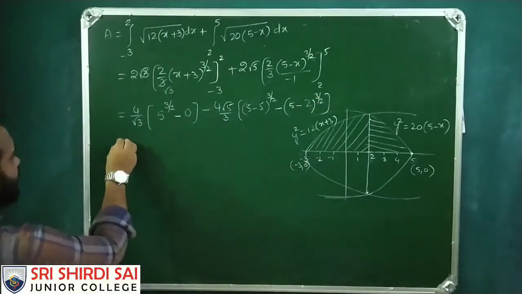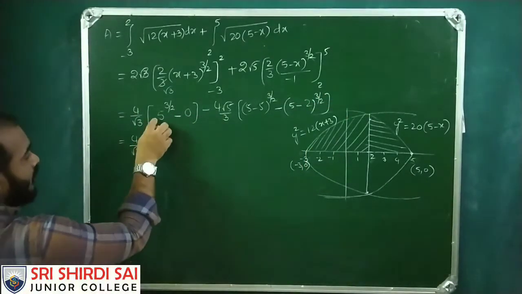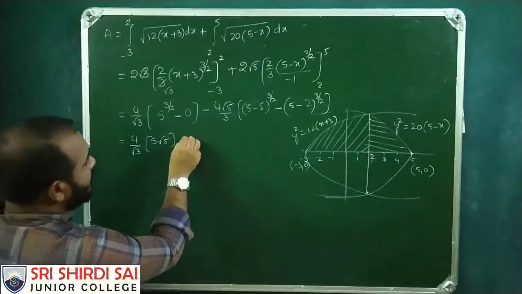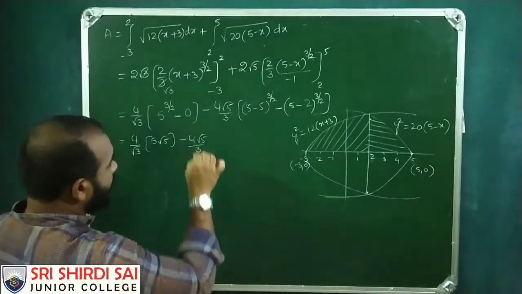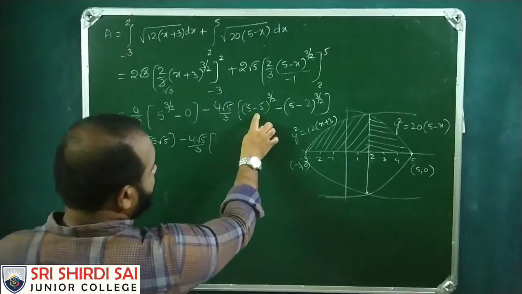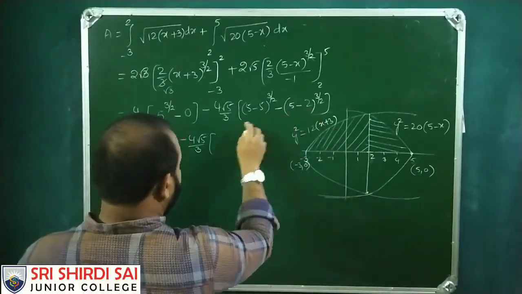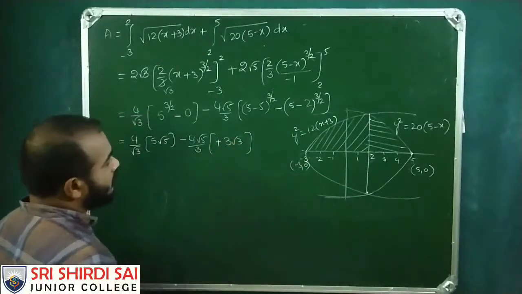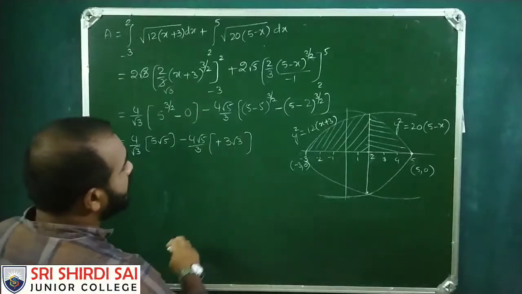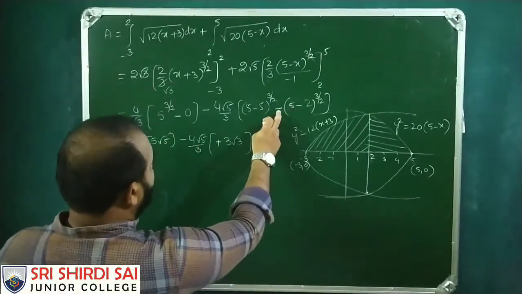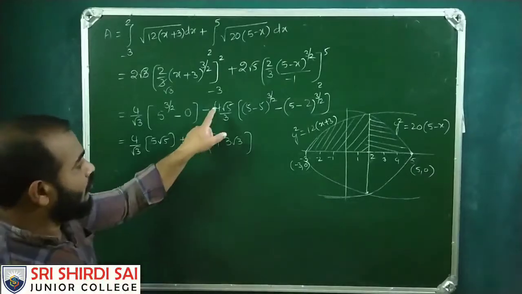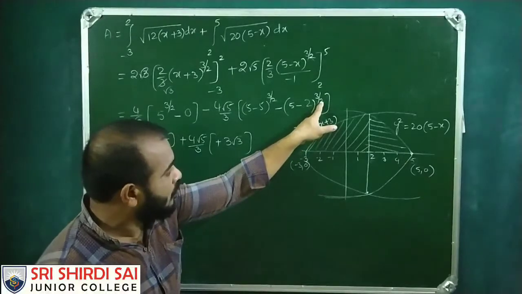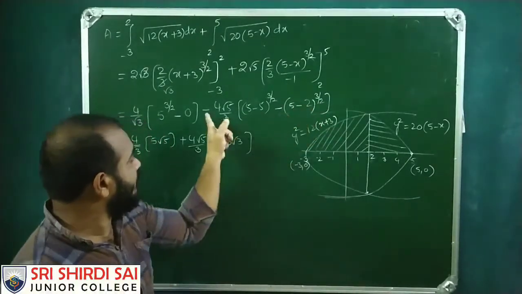This is equal to 4 by root 3, 5 power 3 by 2 is 5 root 5, minus 4 root 5 by 3 into, this value is 0. 5 minus 2 is 3, so minus 3 power 3 by 2, minus of minus is plus.